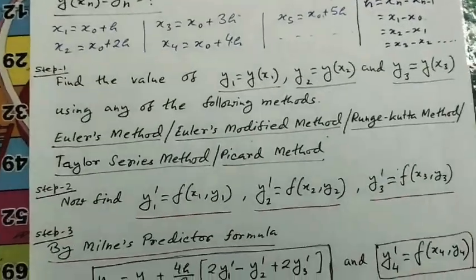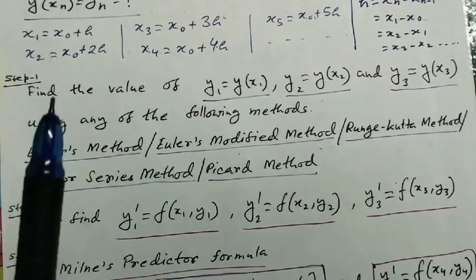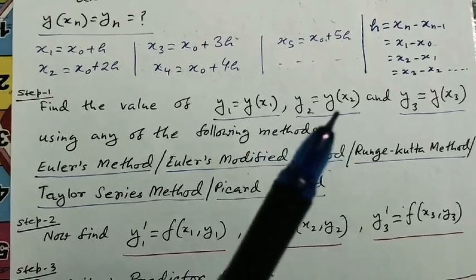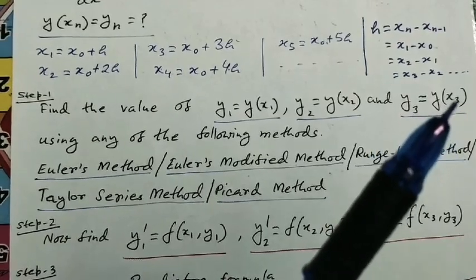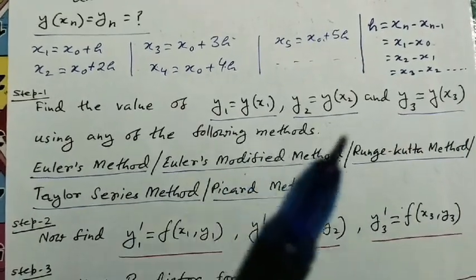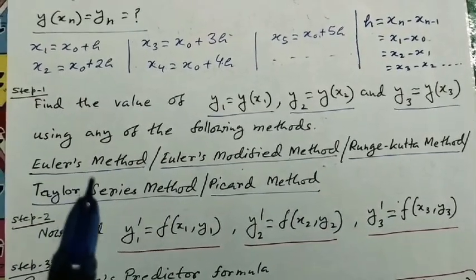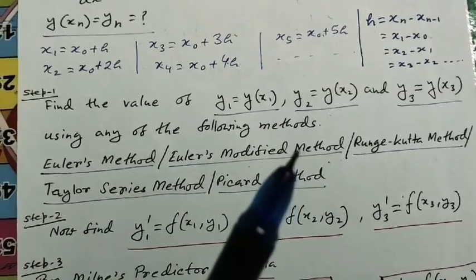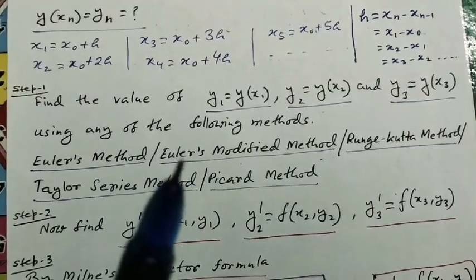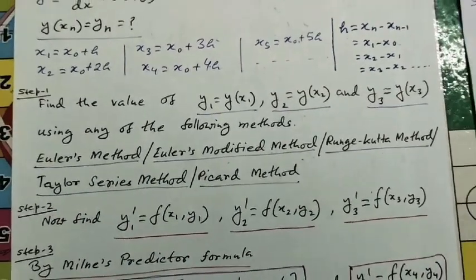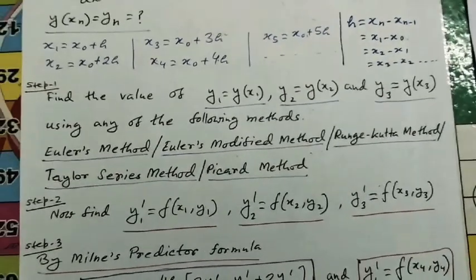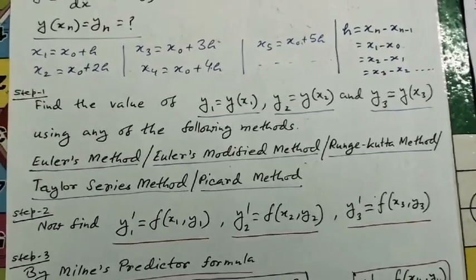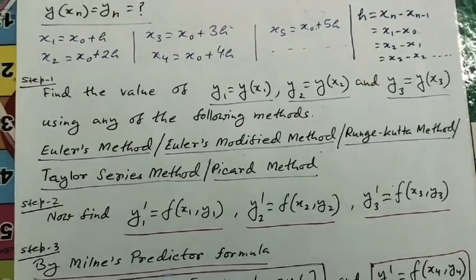At step 1, we have to find the value of y1, y2 and y3, where y1 is y(x1), y2 is y(x2), and y3 is y(x3), using any of the following methods: Euler method, Euler modified method, Runge-Kutta method, Taylor series method, or Picard method.